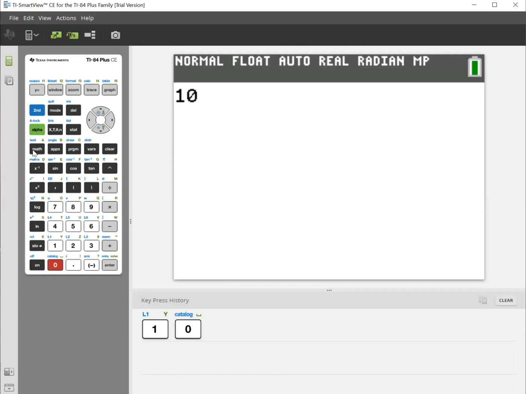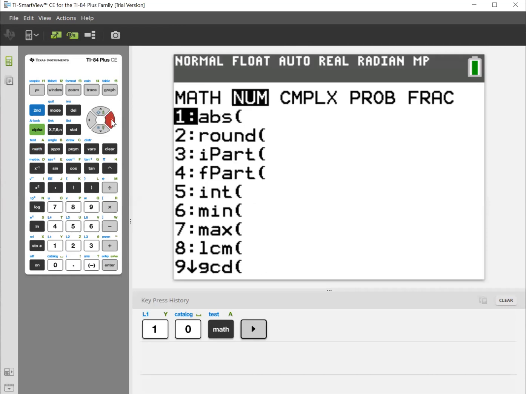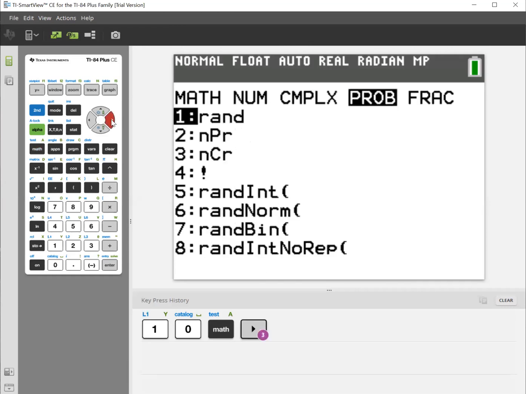And then we want to go to math. We have all these different headings. Click the right arrow so that we go over to probability. We are working with probability. And then if you look at that, you see nPr. That's our formula for permutations.